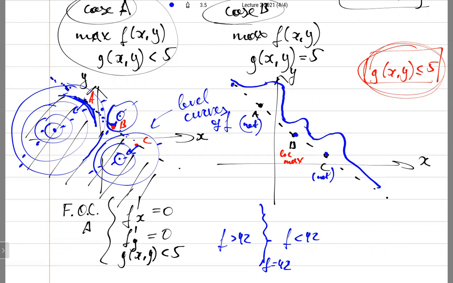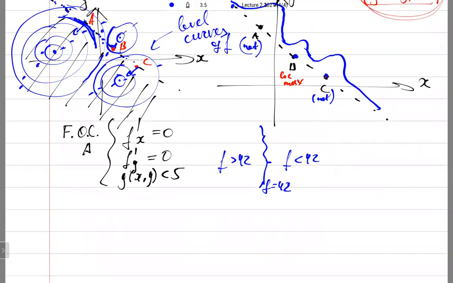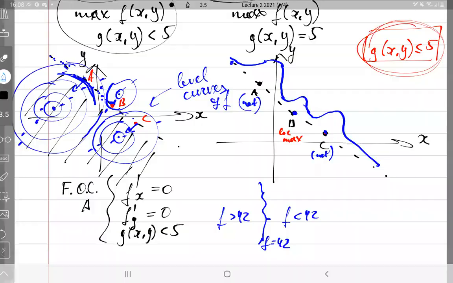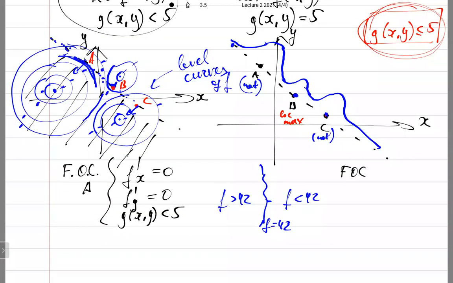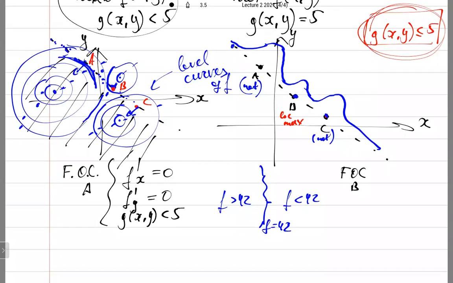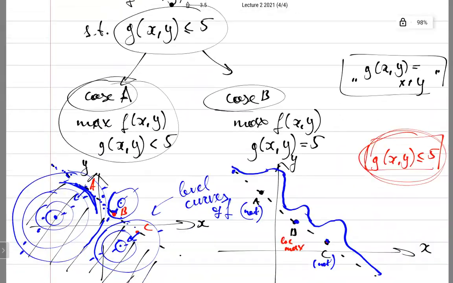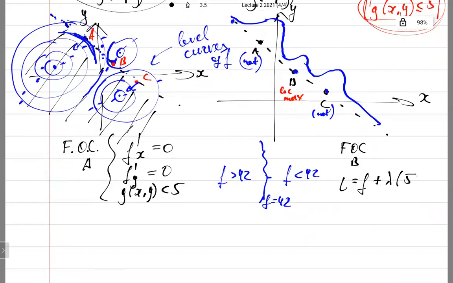So what do we see? Let's write first order conditions for the case B. We introduce the Lagrangian function, that is f plus lambda times 5 minus g.